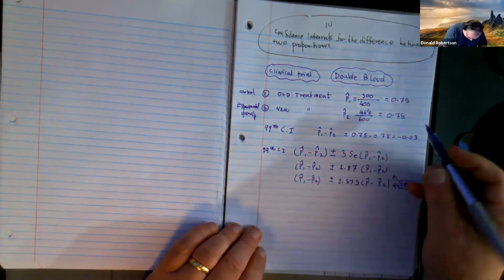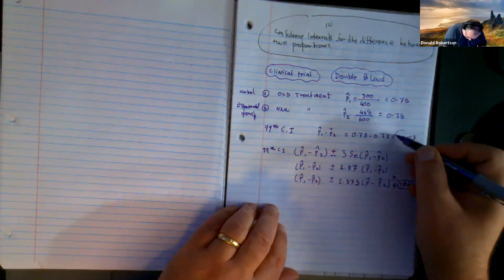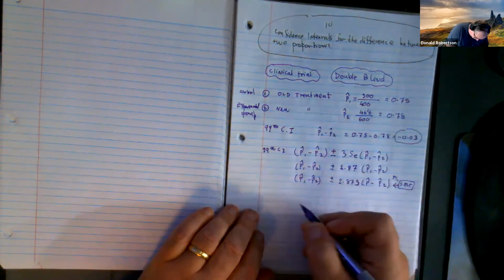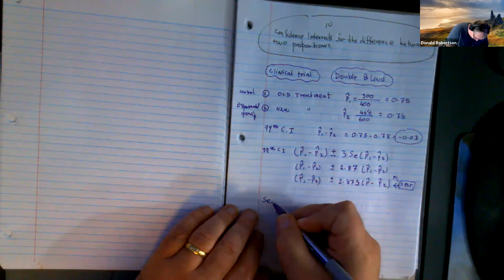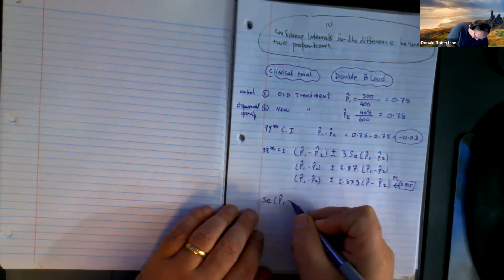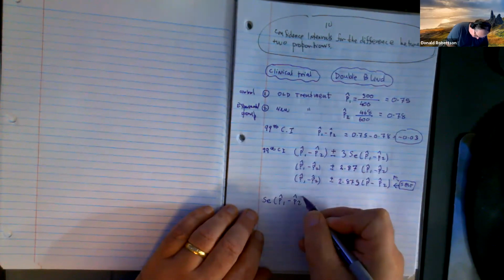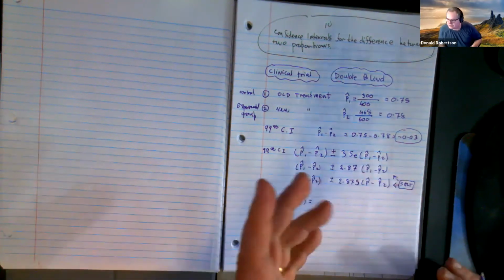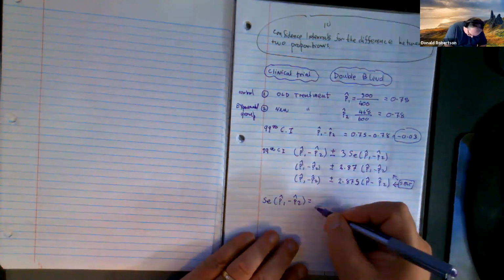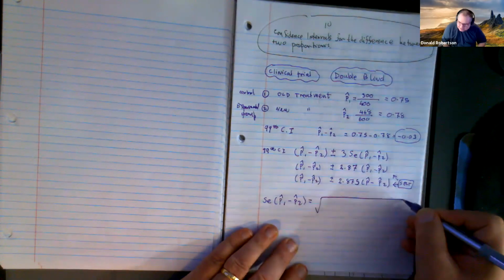Now, there's one calculation I already know, right? We've done this one. There's another calculation I still haven't collected or found yet. And that is this guy. It's called the standard error, right? It's also the standard deviation, if you want to use that name. And it's a big, ugly formula.